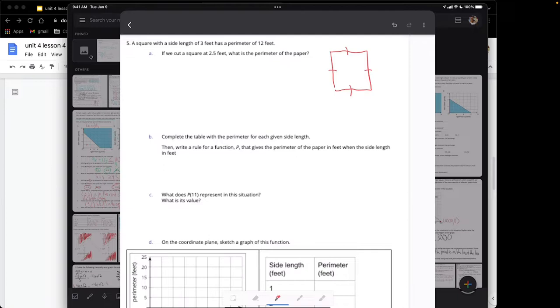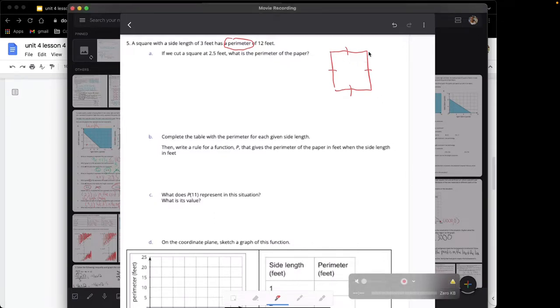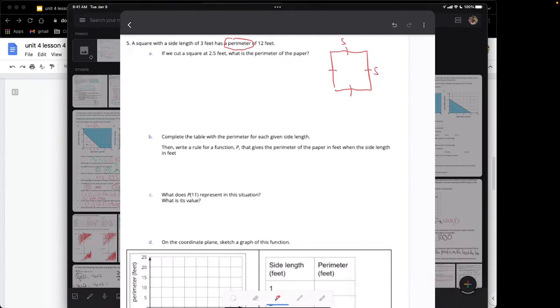They have the same length, and we should know that the perimeter of any shape is simply the sum of the lengths of all the sides. So we know that in a square, all the side lengths are the same.